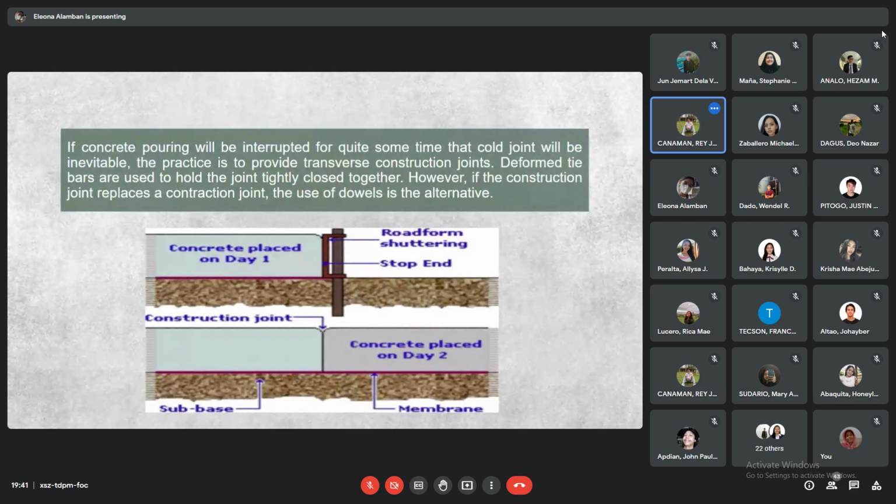And the butt type with dowels is this type of joint is done by just adding a metal or steel dowel in between the conventional butt joint. And then ang last which is the butt type with tie bars, kay kaning tie bars ang gigamit diri. So this is the same as that of butt type construction joint with dowel, but the dowel used here is a tie bar. So next.